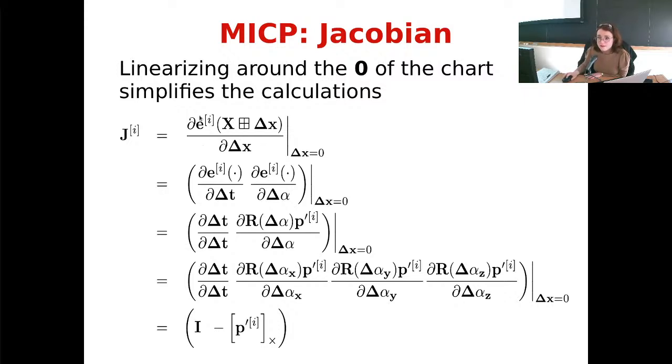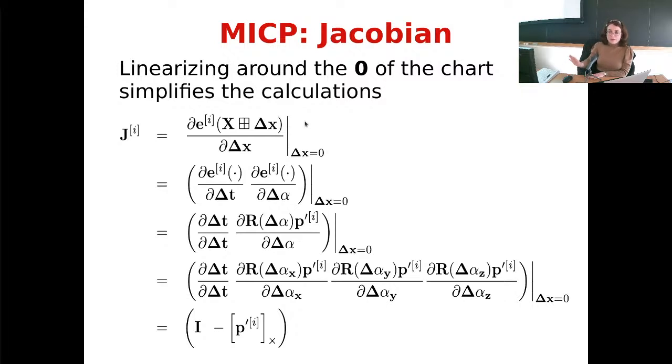And this Jacobian is as large as the number of variables. Now, the variables are 6, because we have seen that the Euclidean parameterization of the state domain is R6. Delta x has dimension R6. And therefore, this Jacobian is 3 times 6.